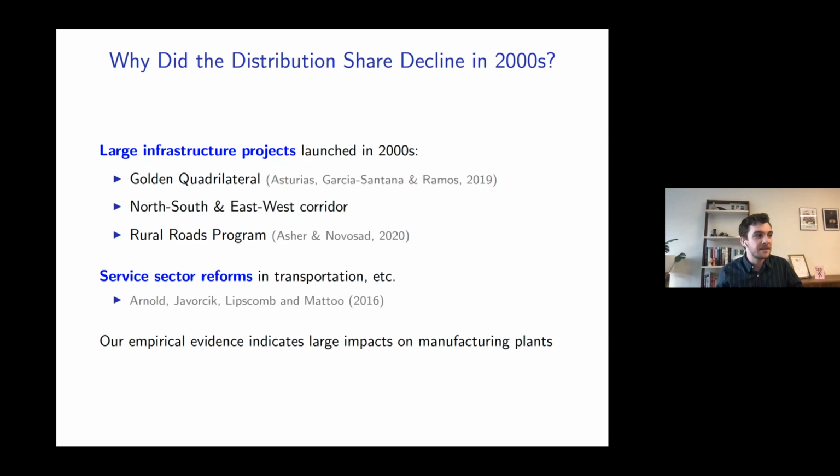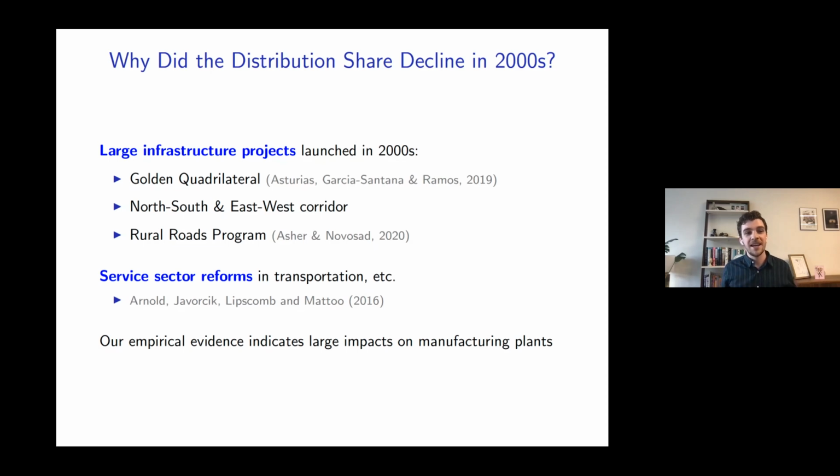But what's nice about this is that anything that affects the price that firms are paying for distribution services should also appear as a change in the distribution share over time. And there's some nice research looking at how service sector reforms, in particular in transportation, which kicked off in the mid-90s during the big wave of liberalization and stretched into the 2000s, showed that these did benefit manufacturing plants.